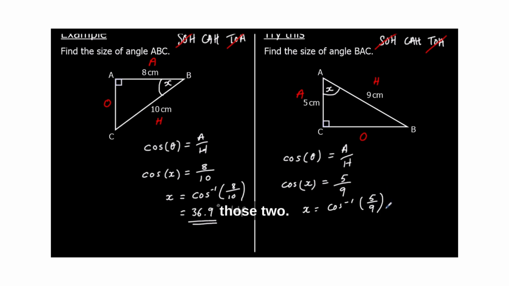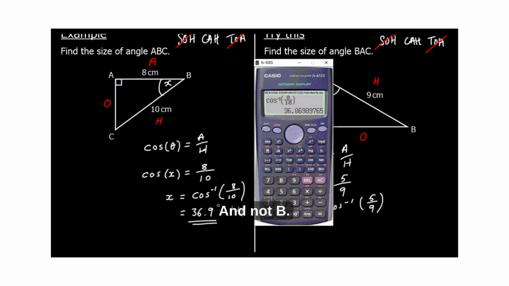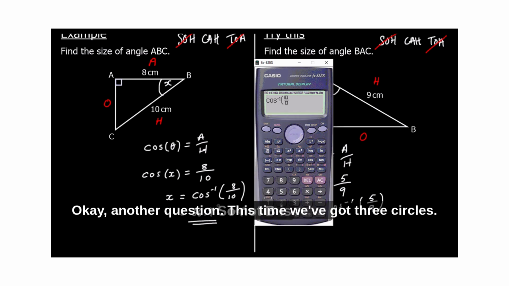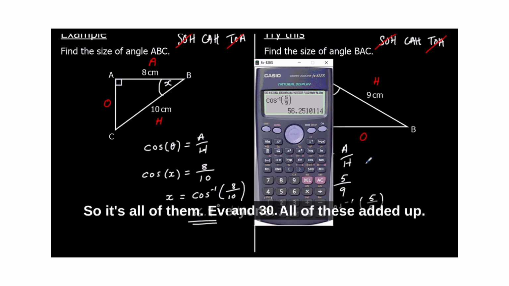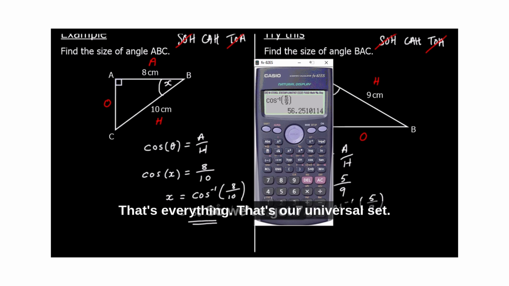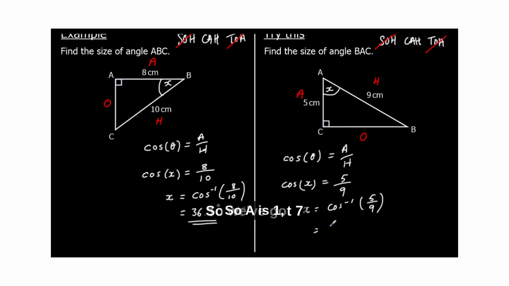So let's type that into the calculator. And to one decimal place, 56.3. So 56.3 degrees to one decimal place.